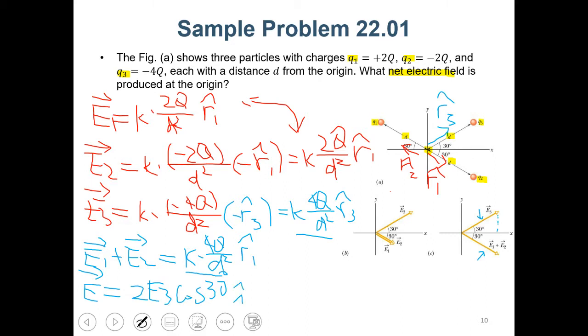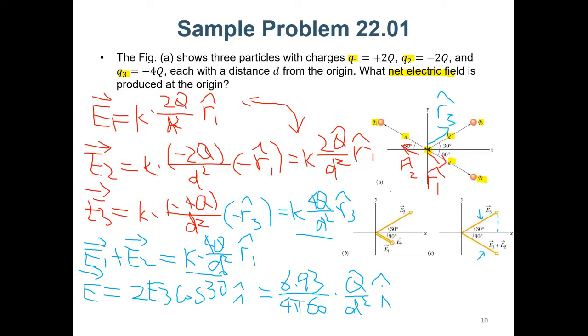And then you just substitute all the numbers, and the final answer is 6.93 over 4 pi epsilon 0 times q over d squared i hat. Well, you may ask, why don't we just substitute 8.99 times 10 to the 9 into it?